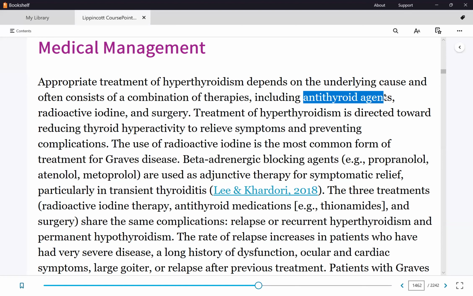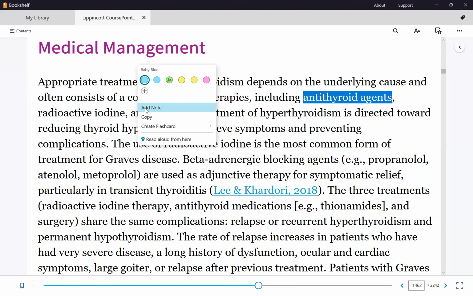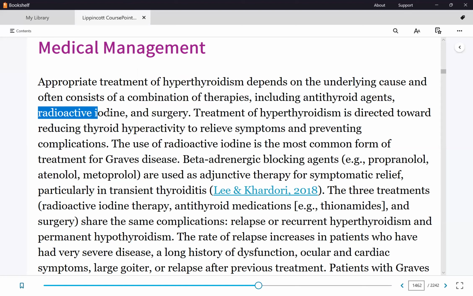The first option is anti-thyroid agents. There are two drugs mentioned in this chapter. They are called thionamides. They are methimazole and propylthiouracil, or PTU. We also have radioactive iodine. I mentioned this earlier under diagnostic testing.